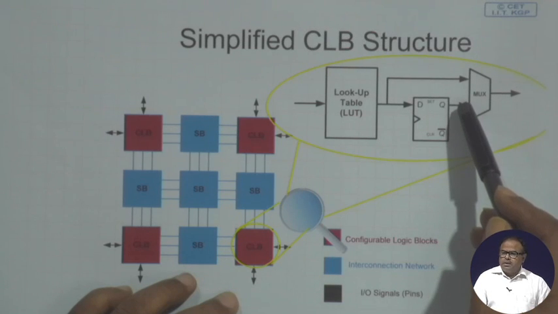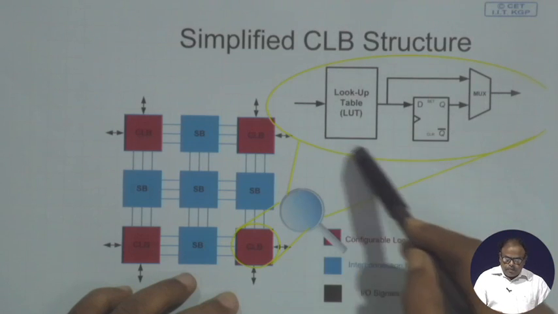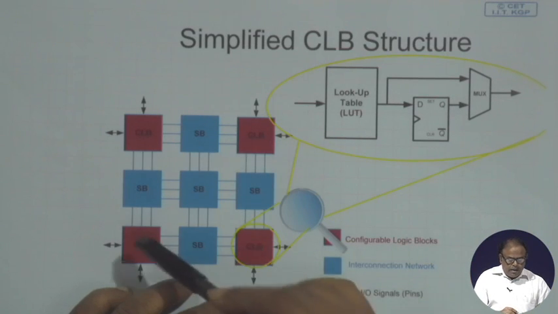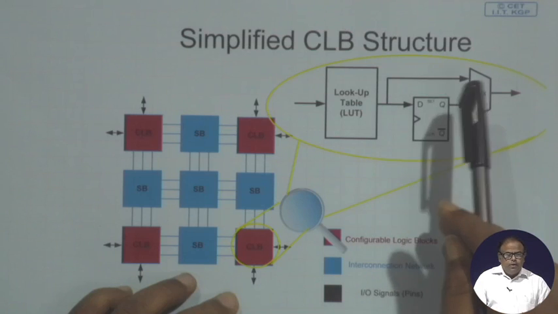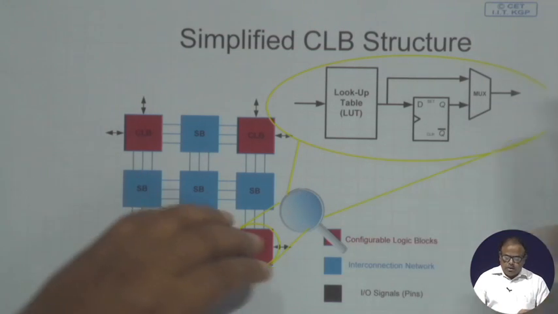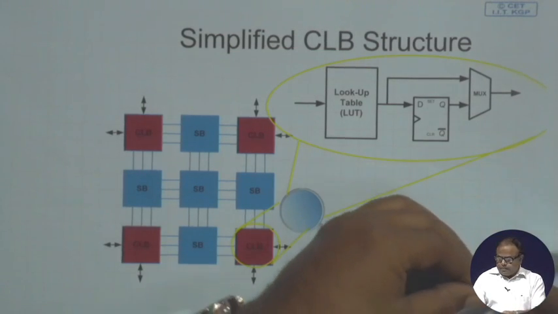Because of the presence of such D flip flops, if you think a little bit, you will be able to see that I can also combine a number of CLBs to make a register, or a shift register for that matter. Each bit of a shift register is nothing but a flip flop, right. So, I can create an interconnect of that.